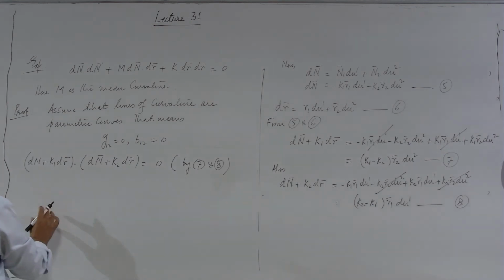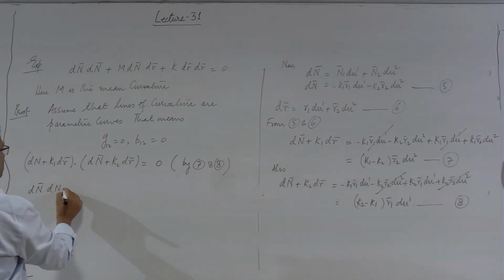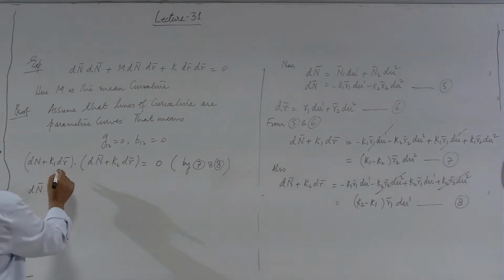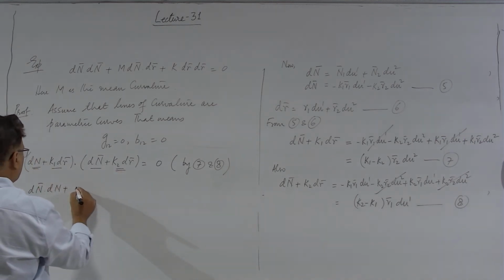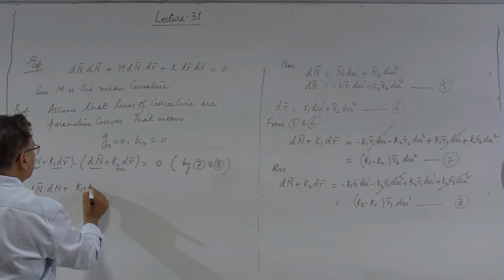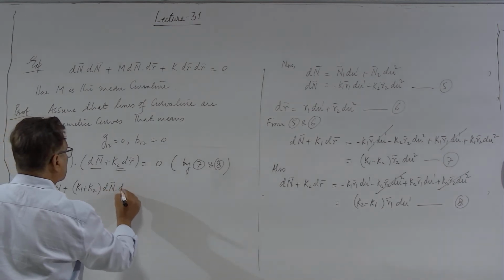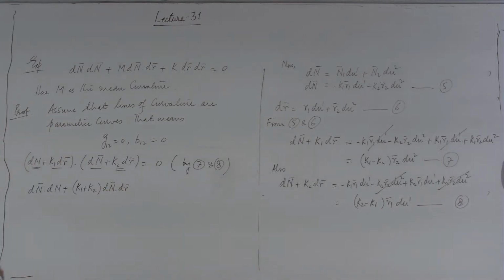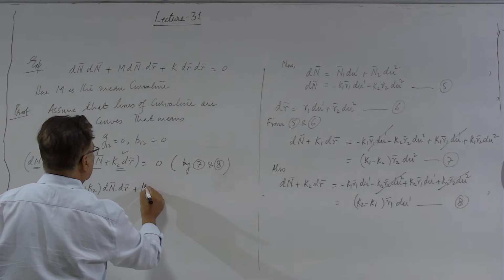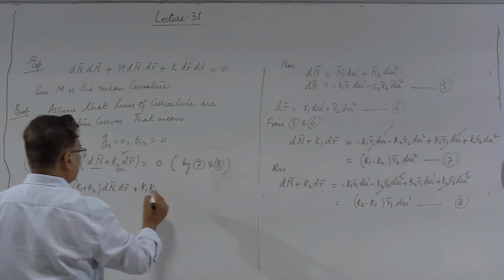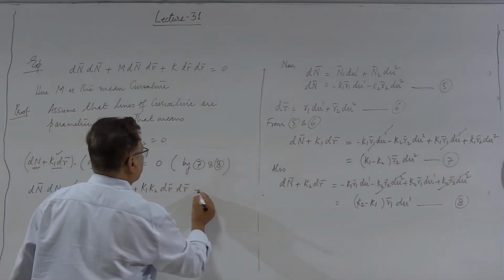Now, if I simplify the left hand side, it will give me dn dot dn plus, if you consider the product of this and this and this and this, you will be getting (k1 plus k2) into dn dot dr. And when you take this and this term together, it will give you k1 k2 into dr dot dr. And the right side we have already seen is 0.